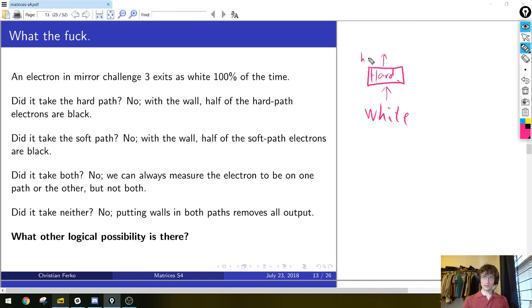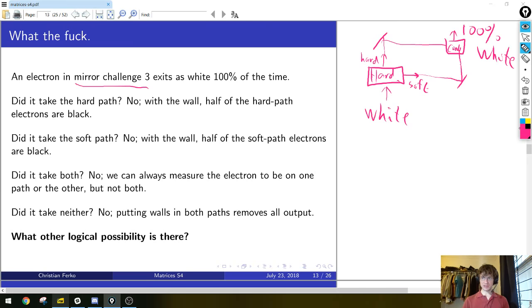Then you take the hard ones out of one port, the soft ones out of another port, and then you have mirrors. And then you combine, and then these are 100% white, right? So that was mirror challenge 3, as I called it.